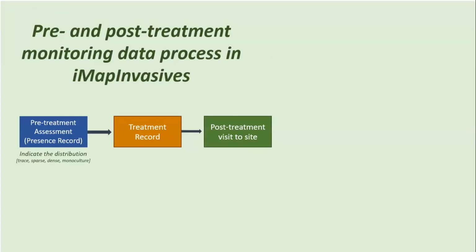Today I'm going to show you what we have so far in iMapInvasives. We have a lot of standardized and somewhat simplified data fields where you can enter this information, with the hope of having good ways to analyze it, to answer some of these questions or show success or show that things didn't work.